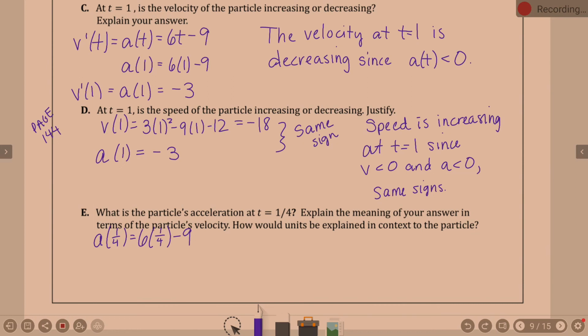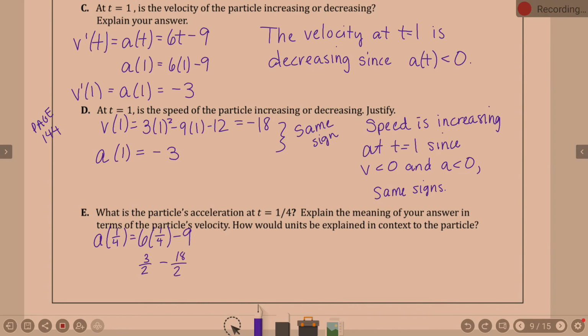I'll be honest, my brain's slow this morning. 6/4 is 3 halves. 1.5 minus 9. And I got negative 7.5 then. Now, I will say when I checked against the answer key, they did an improper fraction and used that in their explanation, if I recall. Because if we thought about it that way, 6/4 would be 3 halves, minus 9 is 18 halves, if you will, right?